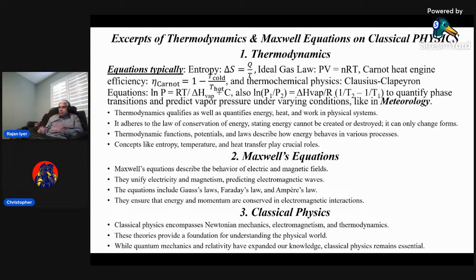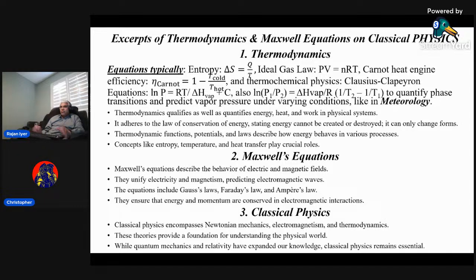Again, I'm not going to detail the mathematics of it, but essentially the point is that these help to quantify the phase transition and predict vapor pressure under varying conditions, like in meteorology, as I mentioned: cloud formation, formation of storms, thunderstorms, and hurricanes, as well as forming rain, what type of cloud will form rain, and even destabilizing systems like vortexes in the sea, and tsunamis.